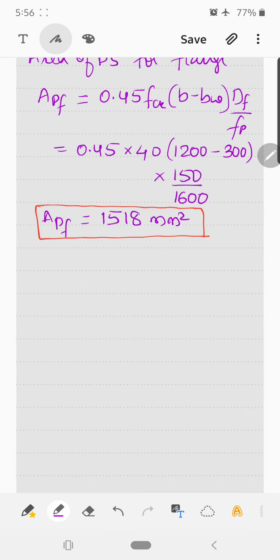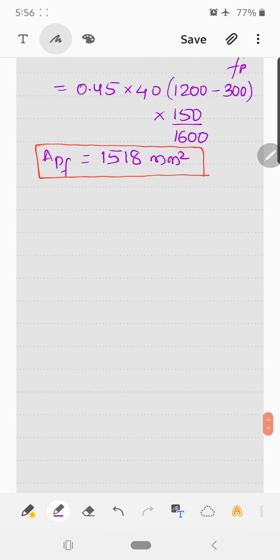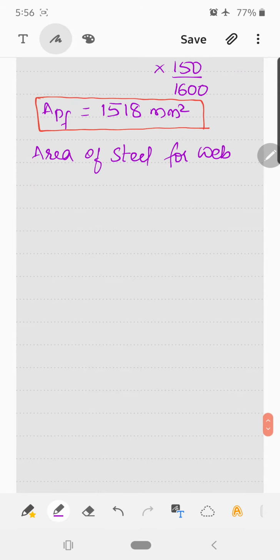Now with this APF, calculate area of steel for web. APW is equal to total APS minus APF.